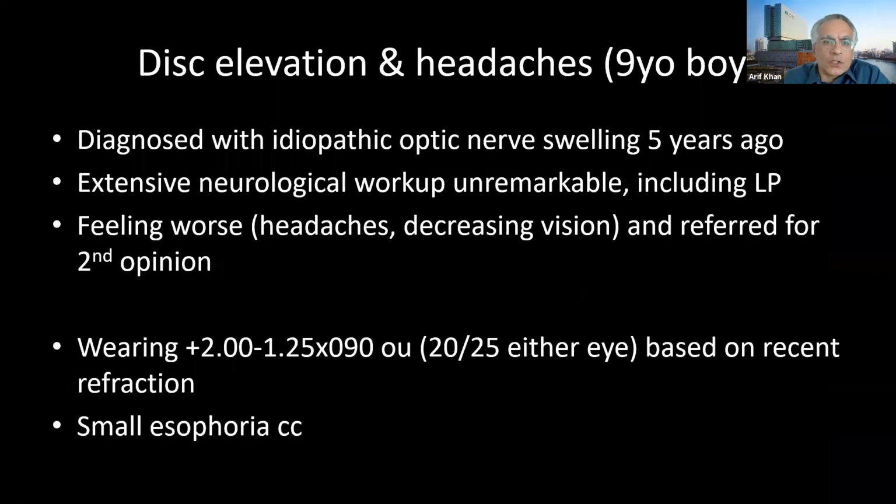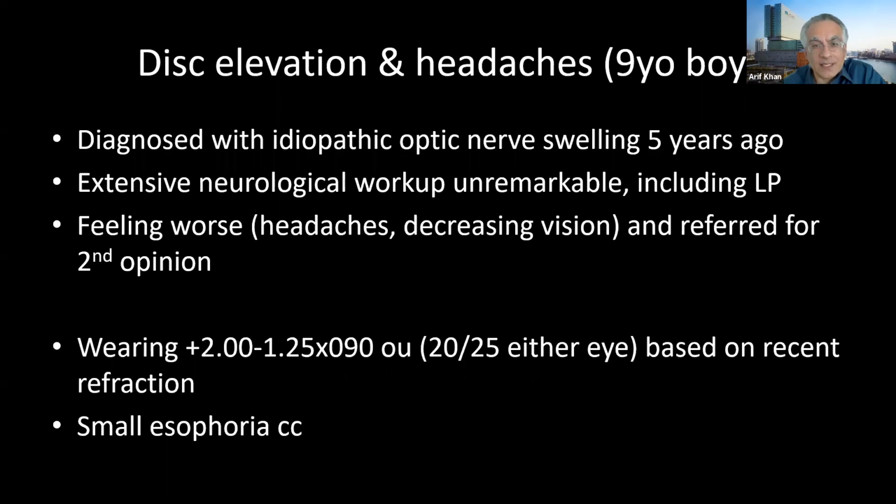Yes. So I want to go back to this history, and there's something in this picture that is bothering me. And this is what bothers any pediatric ophthalmologist who does strabismus. This child has a small esophoria, okay? Anybody who has headaches and an esophoria needs a cycloplegic refraction.